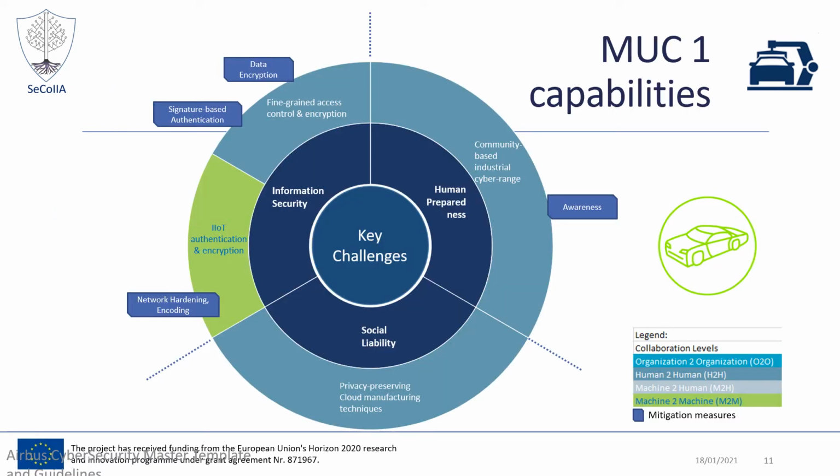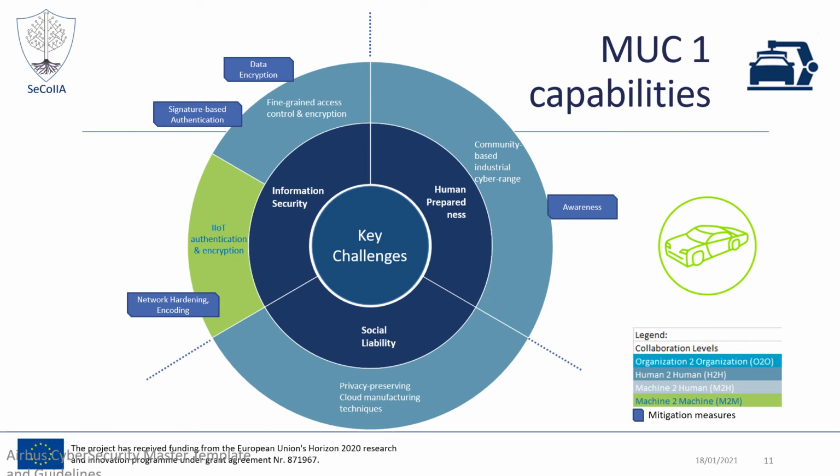So in order to fight these misuse cases, for the first one, we found out that on the information security side of things, we should be working on data encryption and also signature-based authentication. And for the IoT authentication and encryption, we should be working more on network hardening and traffic encoding.